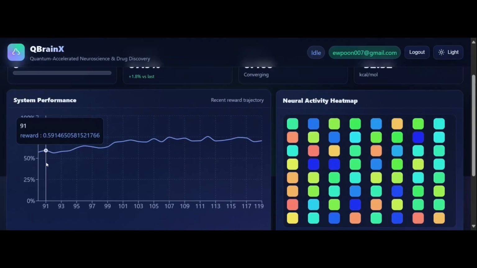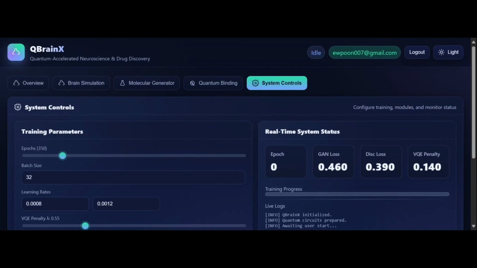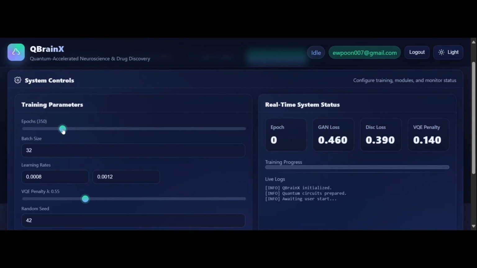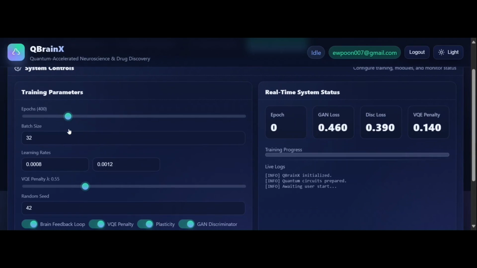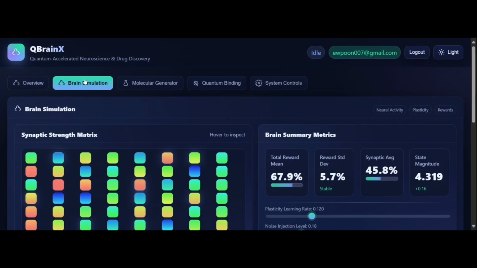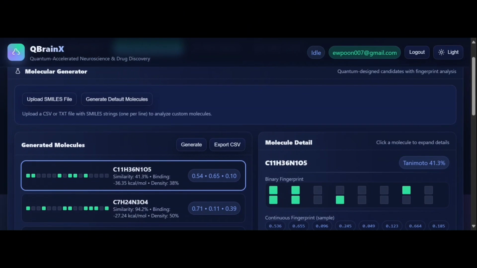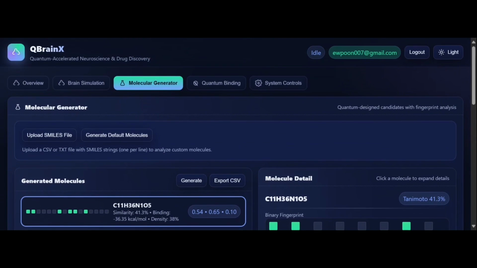We have our run history over here, and just to show you the real-time updates, we want to go to system controls, and we want to run our quantum GAN, and we want for it to generate molecules. There's also an option for you to implement your own molecules to be tested, but for this we're going to have generated molecules run and test the validity of it and how powerful and valid they are.